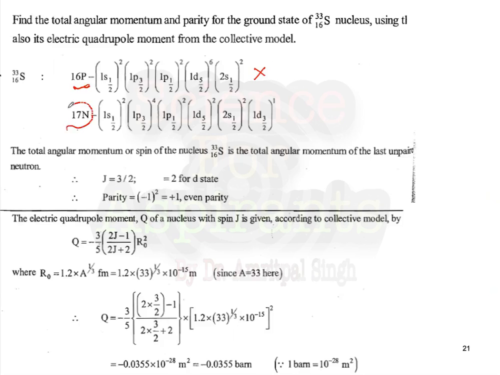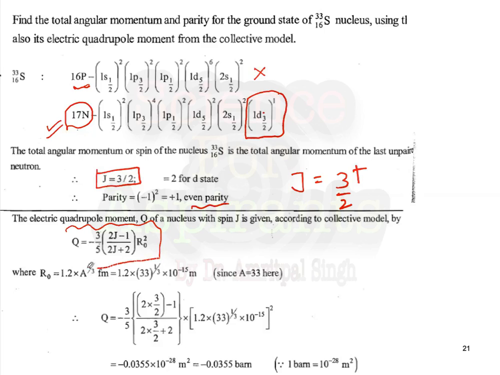The total spin will be due to the last unpaired nucleon. The last unpaired neutron is in the 1d 3 by 2 state, so J comes out to be 3 by 2. It is in the d orbital, so parity will be even. So the ground state spin comes out to be 3 by 2 plus, and using the formula which I have explained to you already, you can find the quadrupole moment.